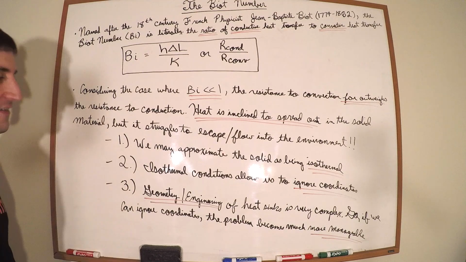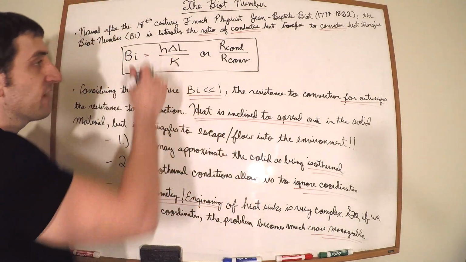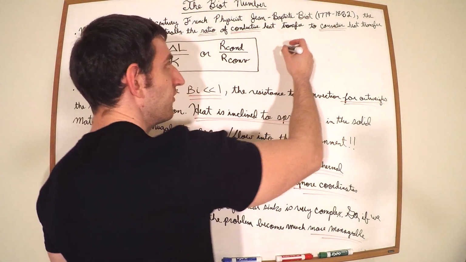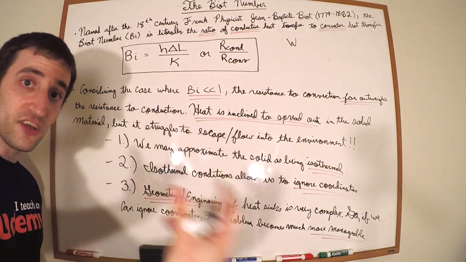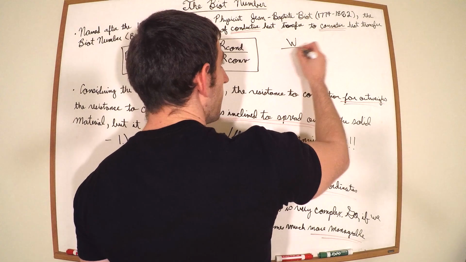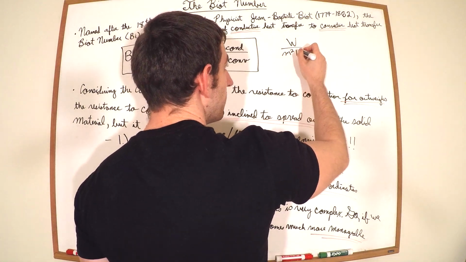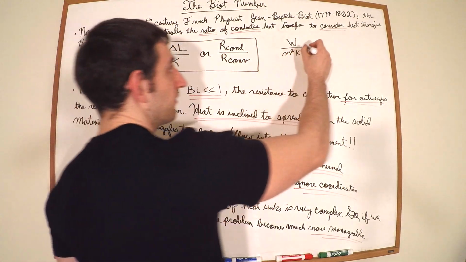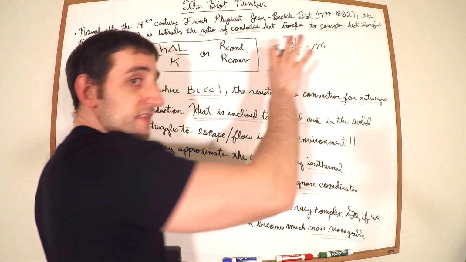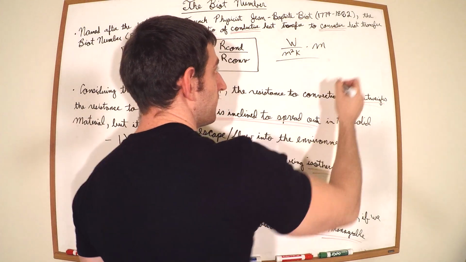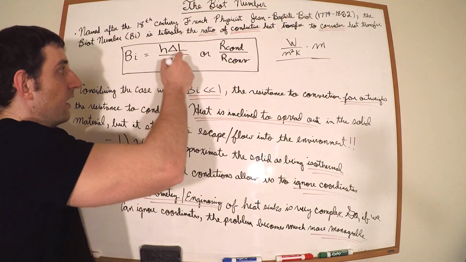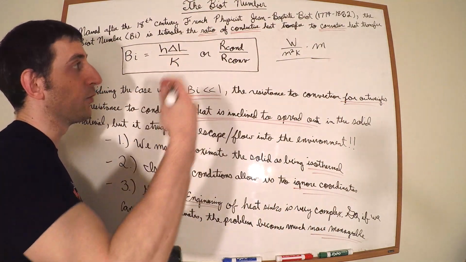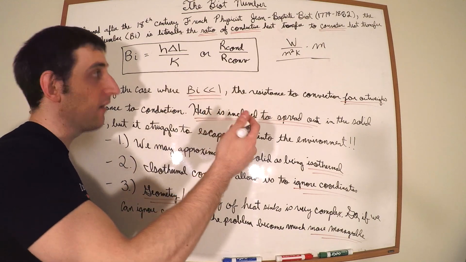The heat transfer coefficient is given as watts, or joules per second, the energy per second, per meter squared Kelvin. A length is going to be meters. Again, this is the metric system. Thermal conductivity is going to be watts per meter per Kelvin.